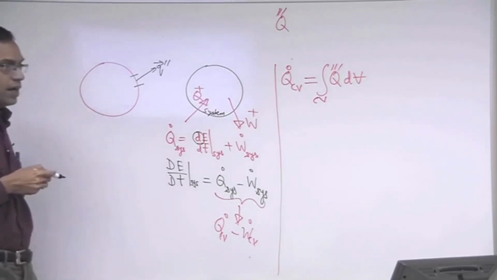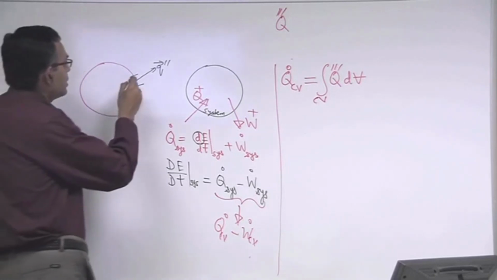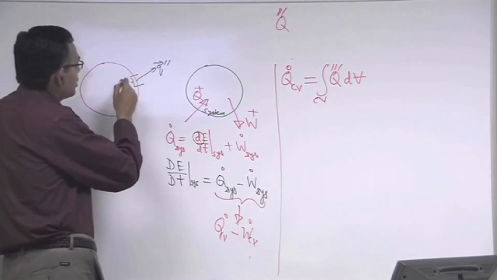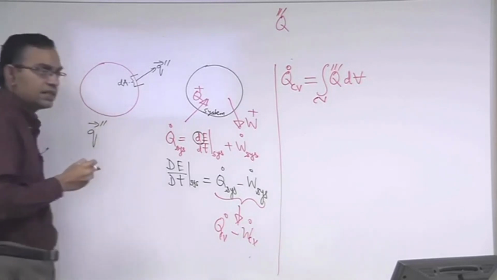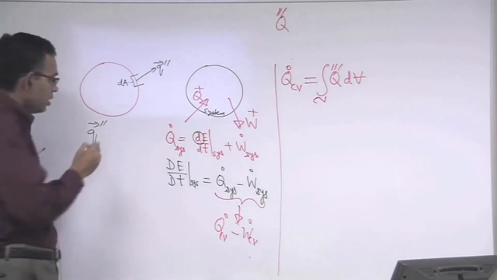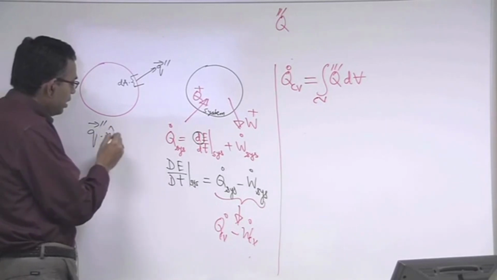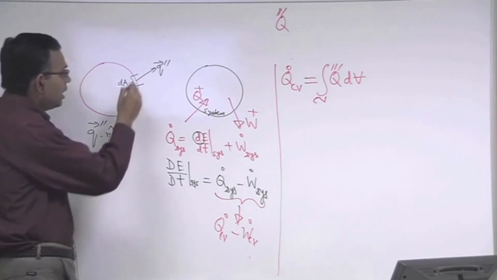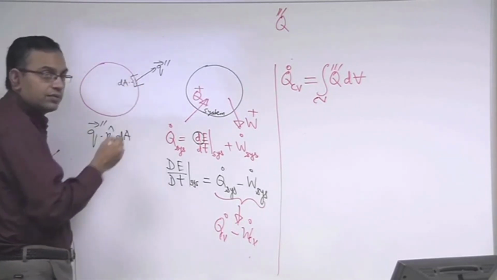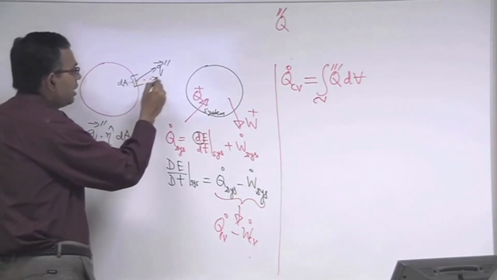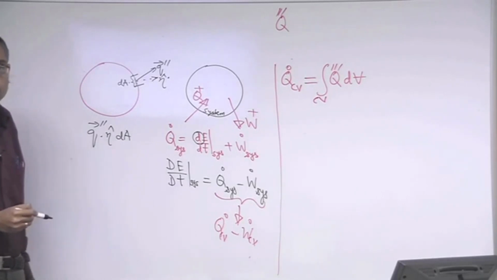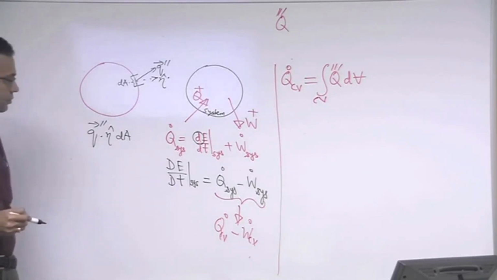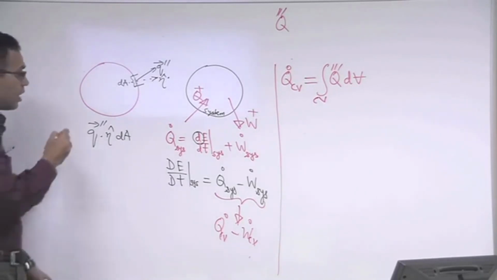So, let us say this is a small area dA. Then q double prime, which is called the heat flux vector, dot eta dA is the rate of heat transfer through dA. What is this eta? This eta is a unit normal vector.